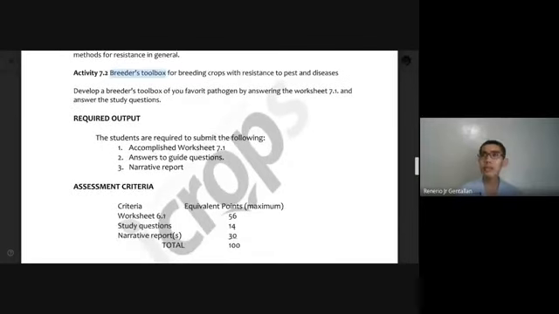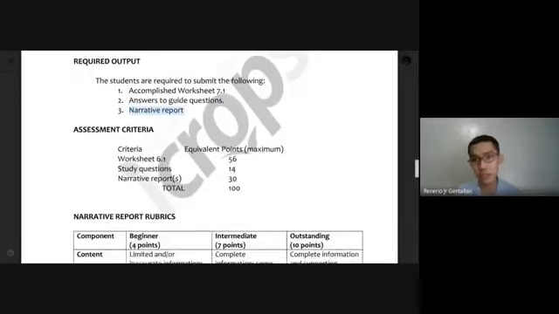Now, the required output, as summarized, would be number one, the accomplished worksheet 7.1, answers to the guide questions, and of course your narrative report.